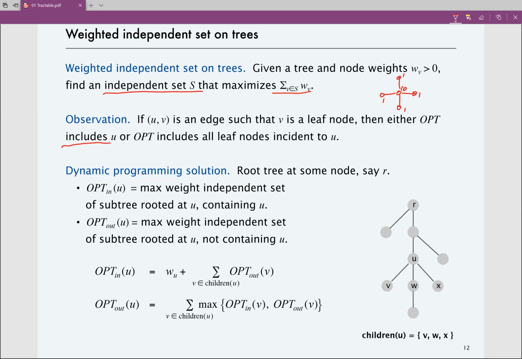However, if you do not include U, then you might as well include all of the leaf nodes adjacent to U.